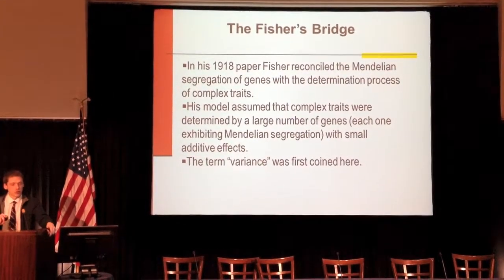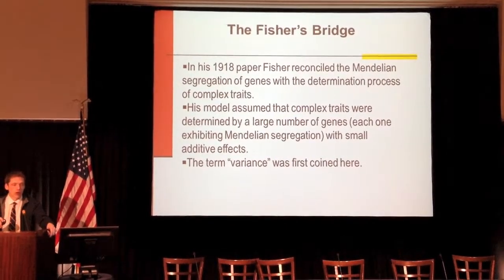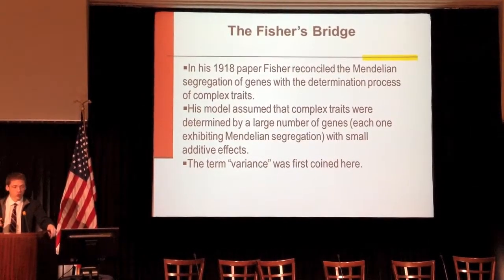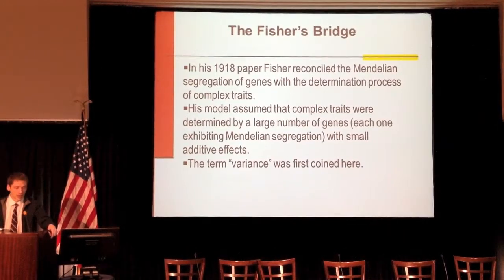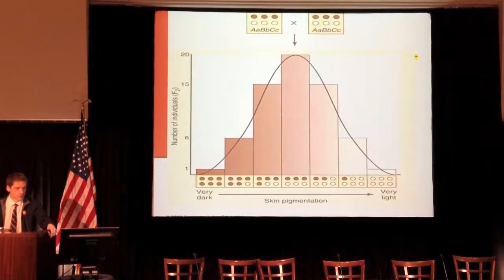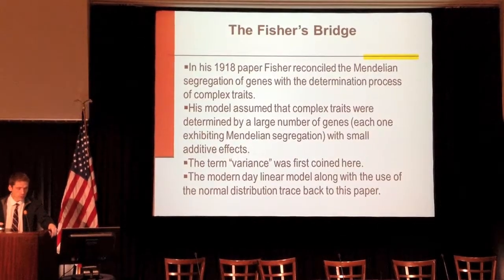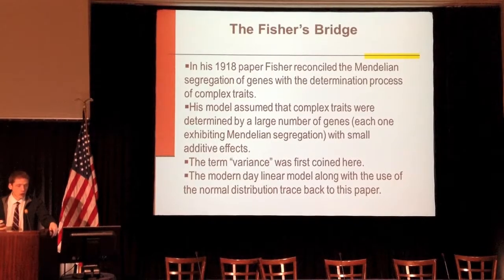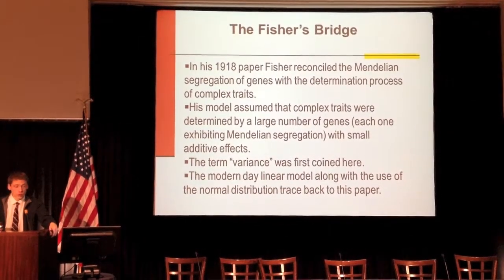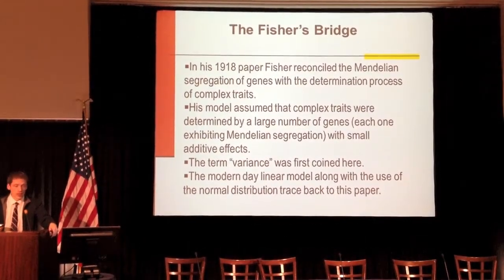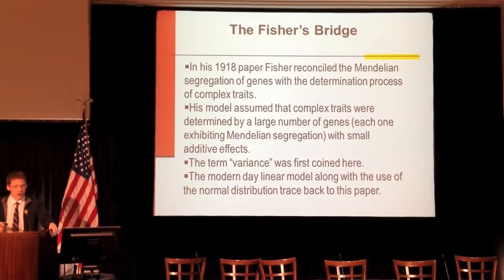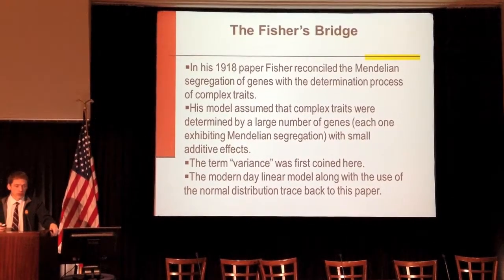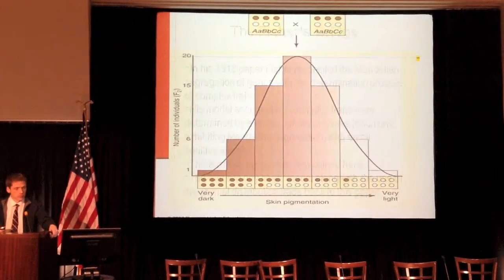This is the first time the term variance was coined in terms of genetic analysis. This is basically the foundation of the modern-day linear model, along with its use of the normal distribution in genetic analysis. So all of modern genetic analysis can be traced back to this paper.